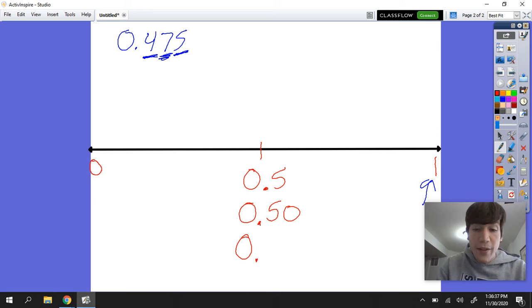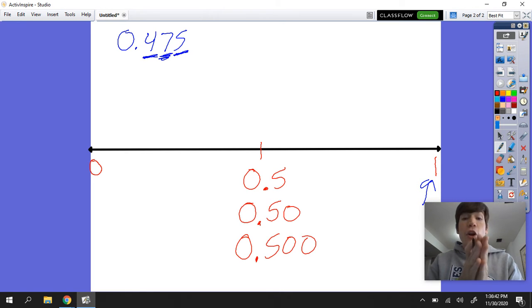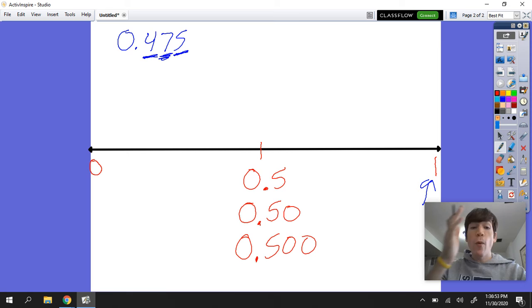And if 1,000 thousandths makes a whole, then 500 thousandths makes half. So we know that all of these numbers are halfway in between 0 and 1 whole because they are a half of a whole.